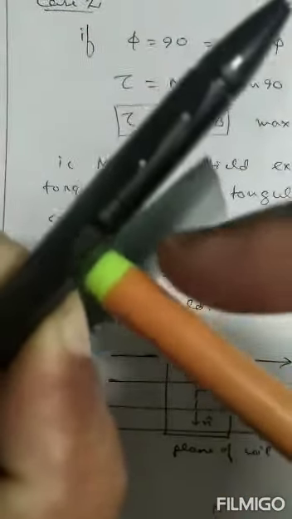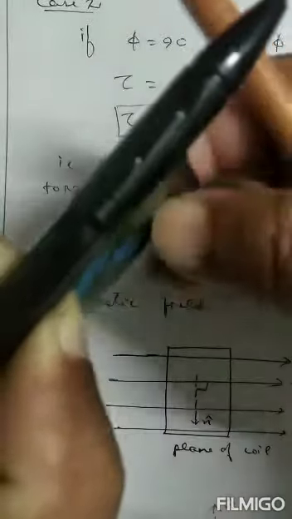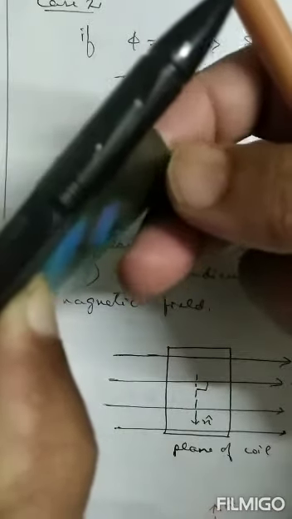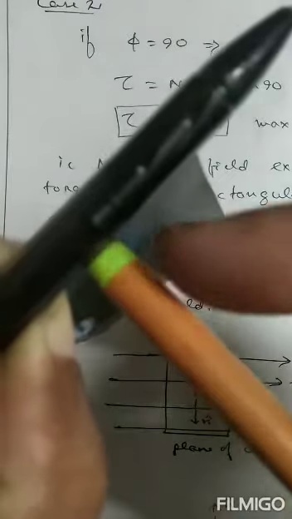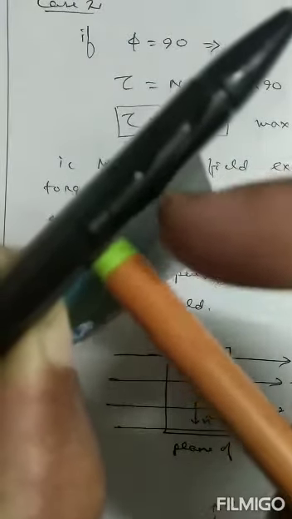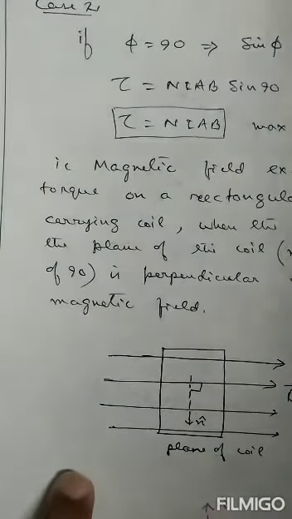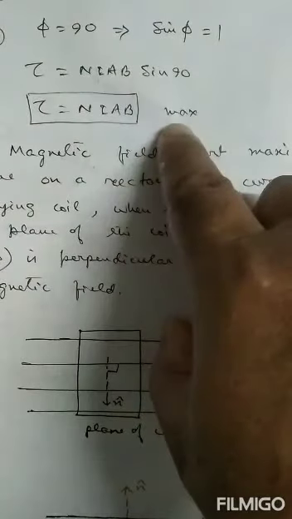Now under this situation, this angle is 90 degrees. So sin 90 is 1, so therefore torque is maximum.